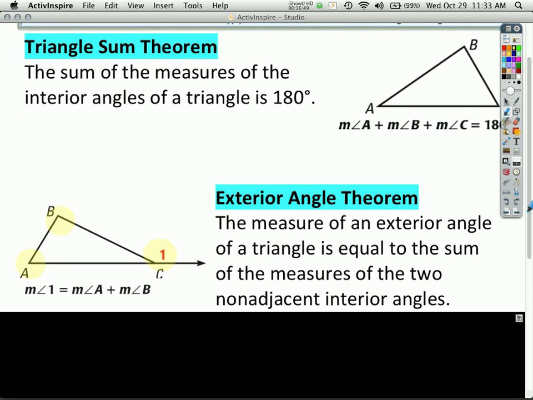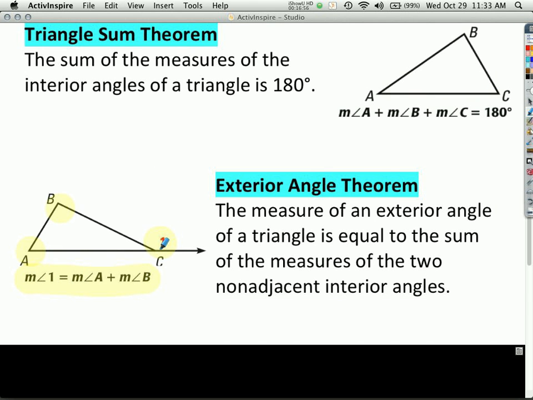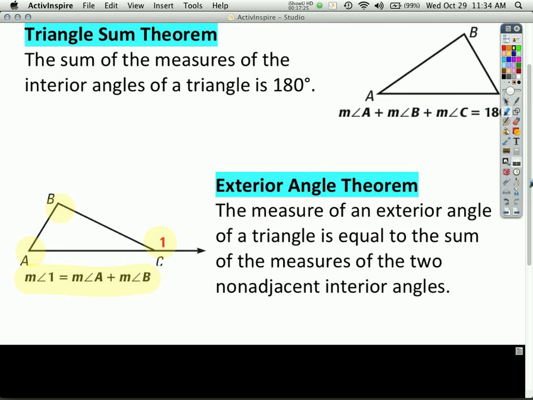So the measure of angle 1 equals the measure of angle A plus the measure of angle B. So you have one proof to do as part of your homework. You're going to have to prove that. And it's not easy, but it actually is five statements, I believe. And we're also going to use this theorem to solve some problems. Any questions about that? All right.